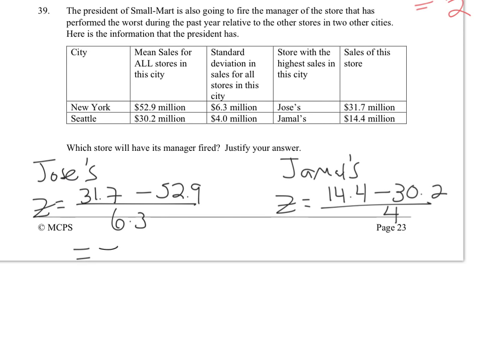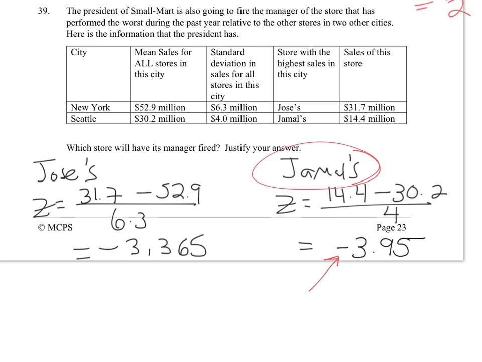So Jose's is negative 3.365, and Jamal's is negative 3.95. So that means that the manager at Jamal's store is going to be laid off or fired because their sales are further in the negative direction, so to the left of the mean, meaning they did worse.